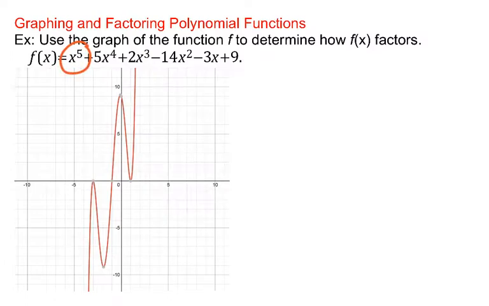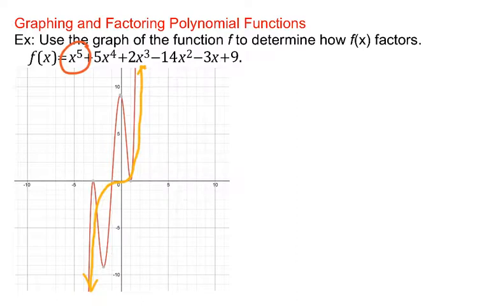The leading term of the polynomial function gives the end behavior or overall structure of the graph. If we remember what y equals x to the fifth looks like, it would be basically sort of a wiggle shape going from lower left to upper right. And more or less the end behavior of this graph does fit that. So that makes sense at least.